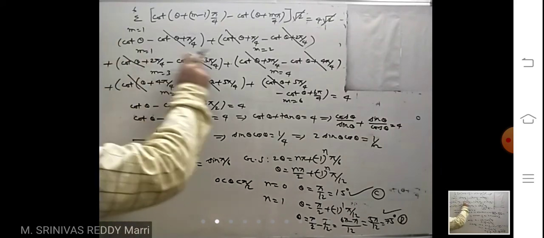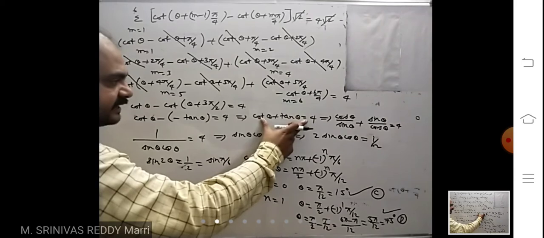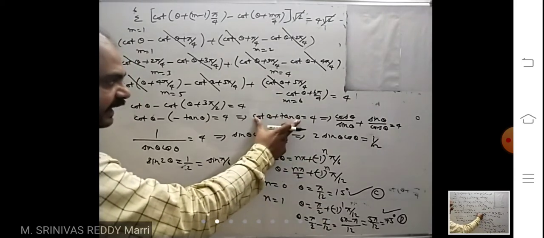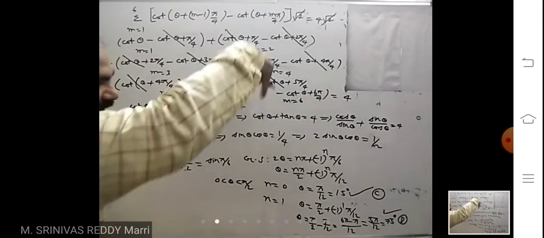Everything will get cancelled except the first one and the last one. Finally, after getting this one, you will get the answer. But till here, you have to simplify. IIT problems are like that, a lot of logic will be there. So these are the models.